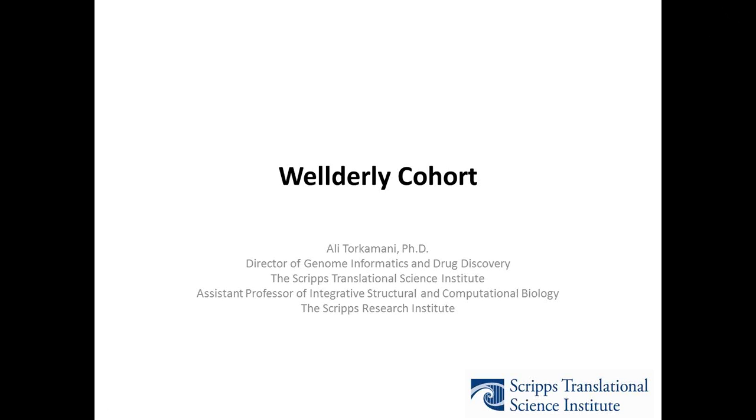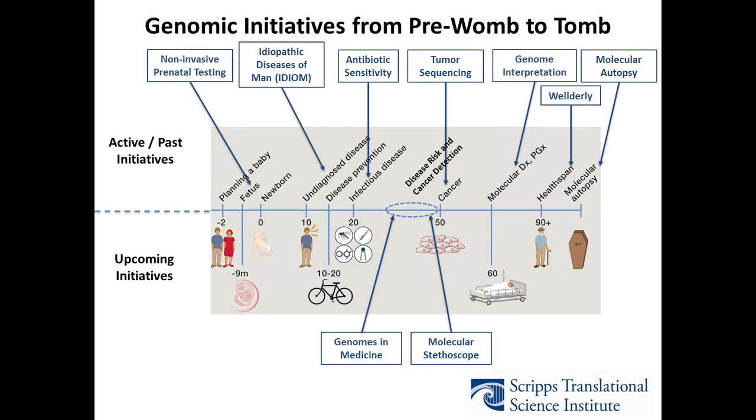Okay. All right, so I'll be talking about the Wellderly Cohort, as was described. This is a resource that we've built at the Scripps Translational Science Institute as a kind of healthy aging cohort. I'll get into what the inclusion requirements are for this cohort in a later slide. But first, I wanted to briefly mention what we do at Scripps.